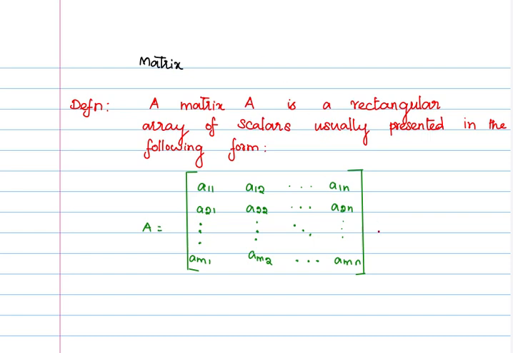This is the first row, this is the second row, and this is the mth row. This is the first column, this is the second column, and this is the nth column.